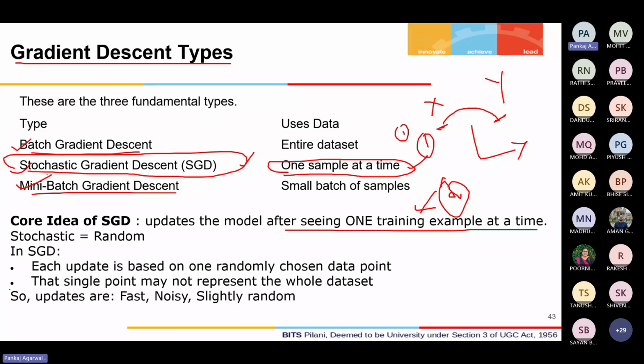Each update is based on one randomly chosen data point, and each single point may not represent the whole data set. So obviously there are many data points, and you need to do this for all of them. For every data point, you want the difference between the target and the output it produces to get minimum.